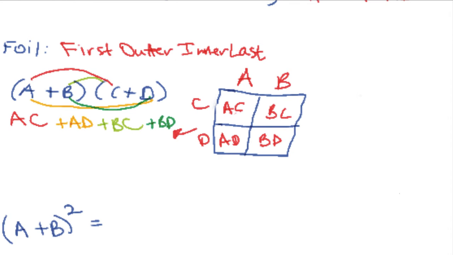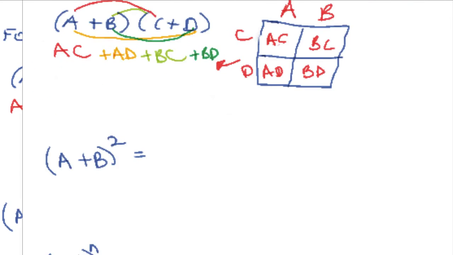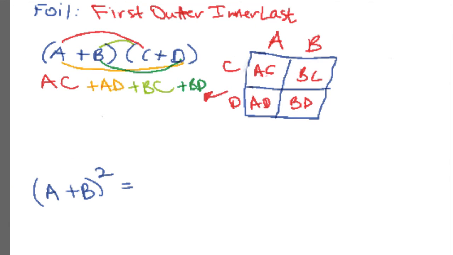Okay? So if it's squared, there's a little trick: you take the square of the first term plus twice the product of these two plus the square of the last term. Okay, so square, and twice the product.